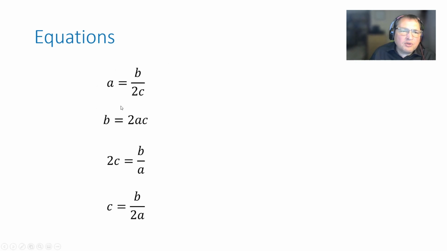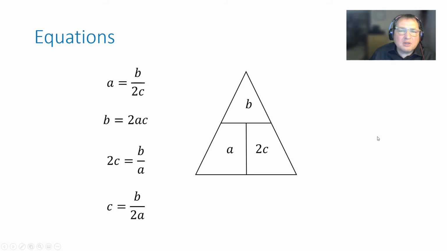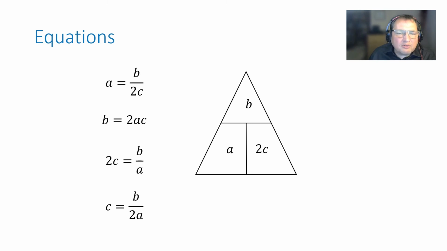A proportion like this, a equals b over 2c, can be graphically represented by a triangular form in which we put the a in the lower left corner, and then the horizontal line inside the triangle symbolizes the fraction bar. So we have here b over 2c. The vertical line can represent multiplication.